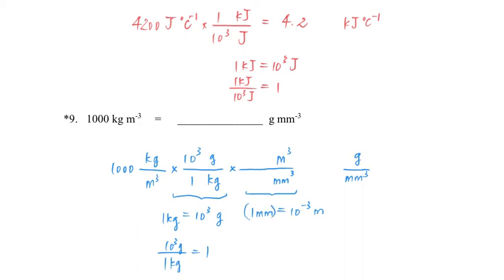And if we cube both sides, 1 millimeter cube is equal to 10 to the power of minus 9 meter cube. And therefore, 10 to the power of minus 9 meter cube divided by 1 millimeter cube is equal to 1. And finally, it gives the answer of 1 times 10 to the power of minus 3.